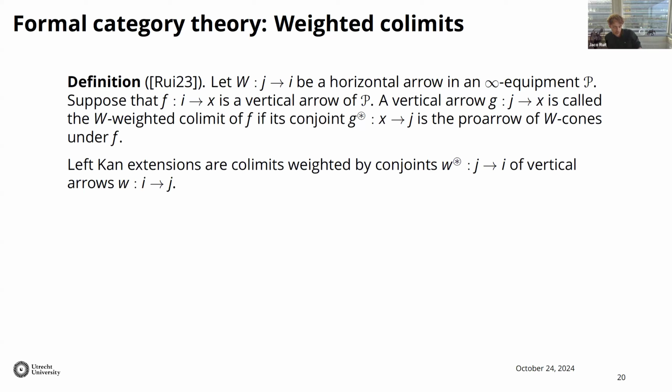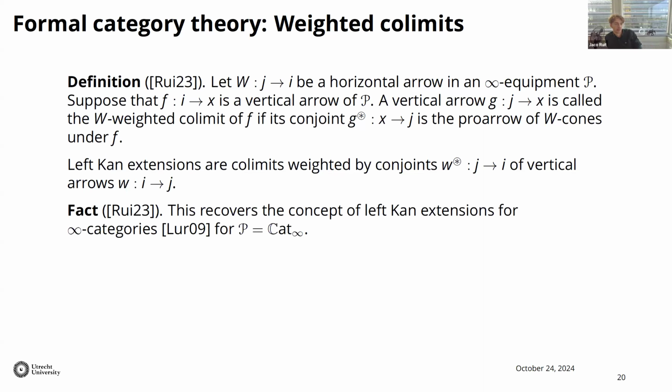Using this notion of weighted colimits, you can define what Kan extensions are internal to an equipment. These are just colimits weighted by conjoints. Some facts: this abstract definition of what a left Kan extension should be recovers the known concept of left Kan extensions for infinity categories if you plug in P to be the double infinity category of infinity categories.